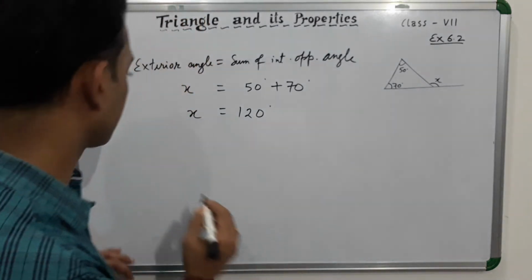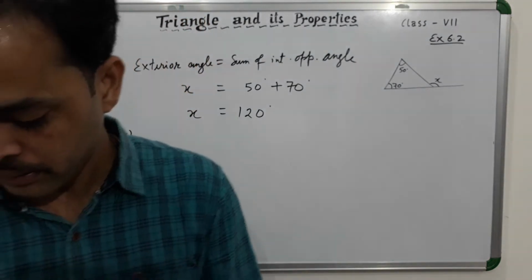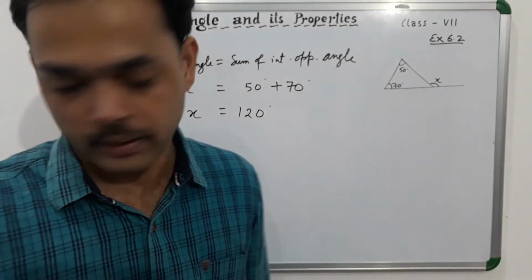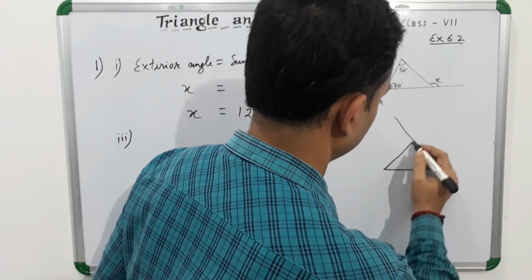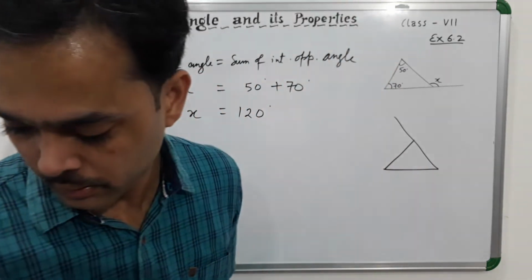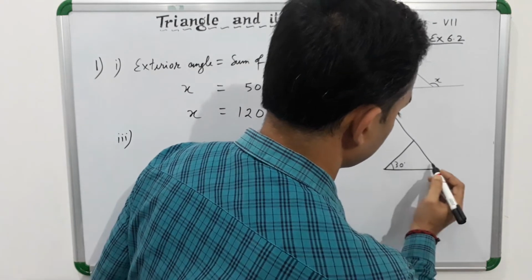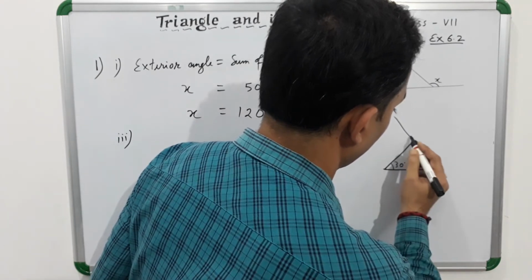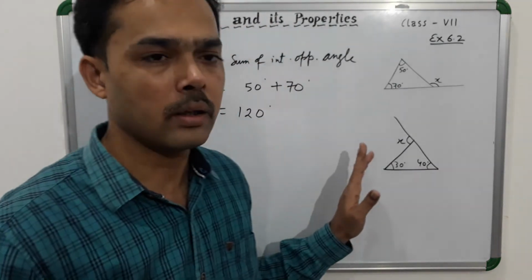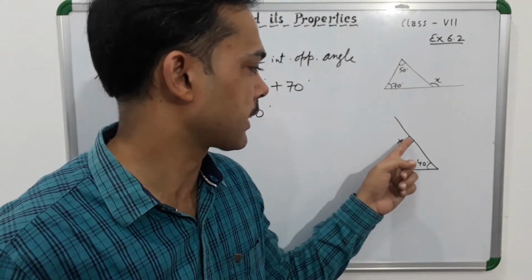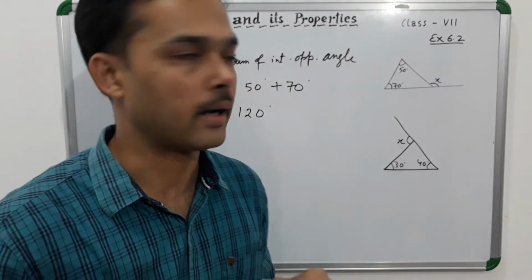Now let us do the third part, and the figure is made in this manner. One angle is given as 30 degree, another as 40 degree, and this is given as x. Here this is the exterior angle and these are the opposite interior angles.